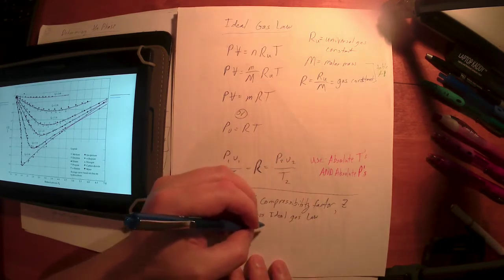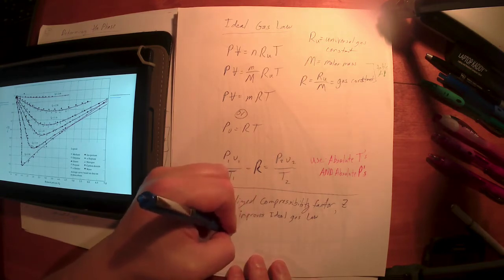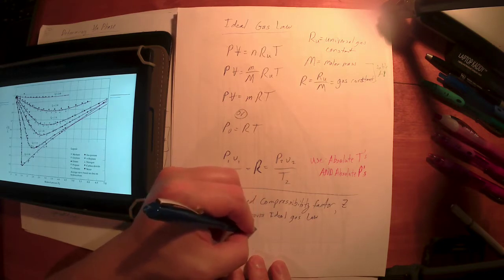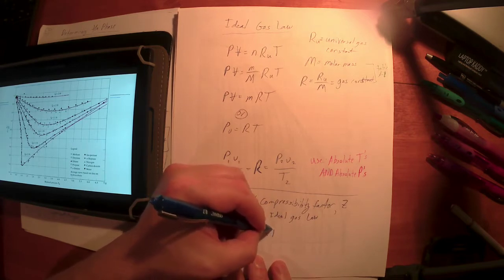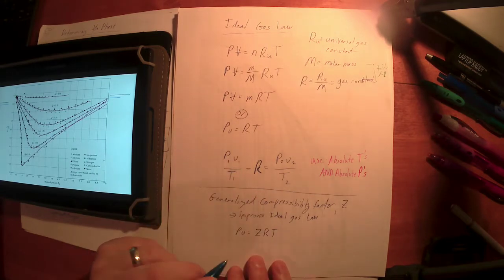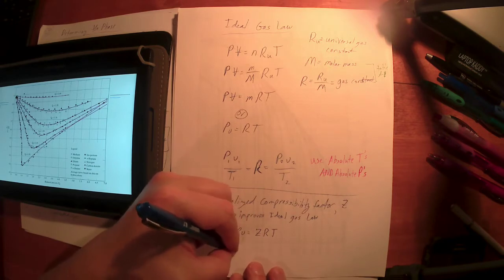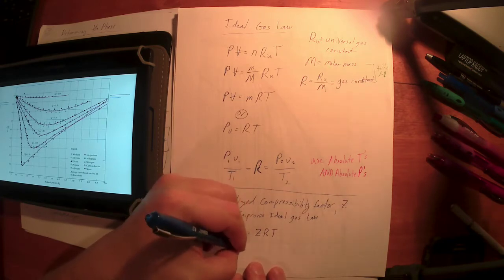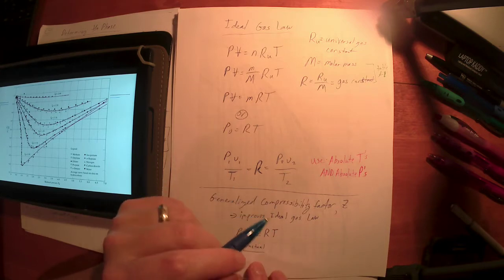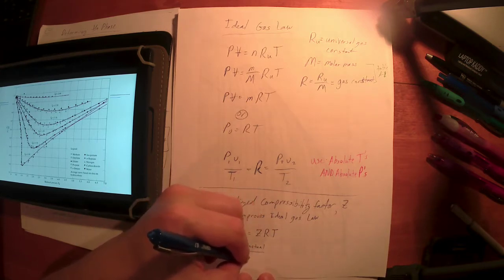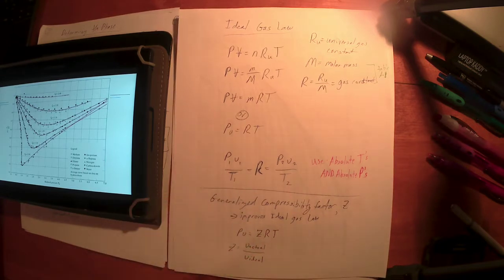Okay. Now, how does it do that? Well, it says Pv, little v, is equal to Z, the generalized compressibility factor, times R times T. And that's where Z is equal to the specific volume of the actual gas compared to the specific volume of that same gas if that gas actually behaved ideally.